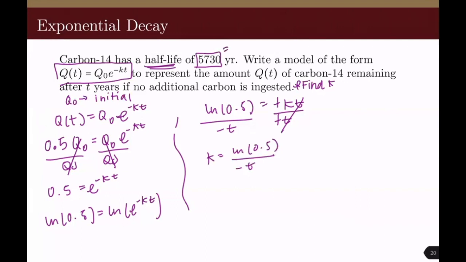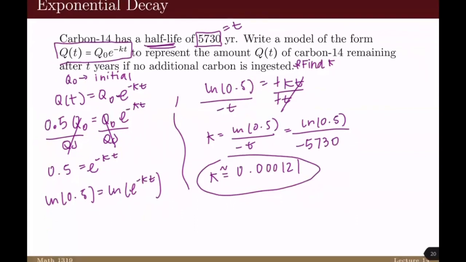Now we were given a t, so we can continue to solve for k. So this is equal to ln of 0.5 divided by negative 5730, since that's the t we were given. So k is going to be approximately equal to 0.000121.